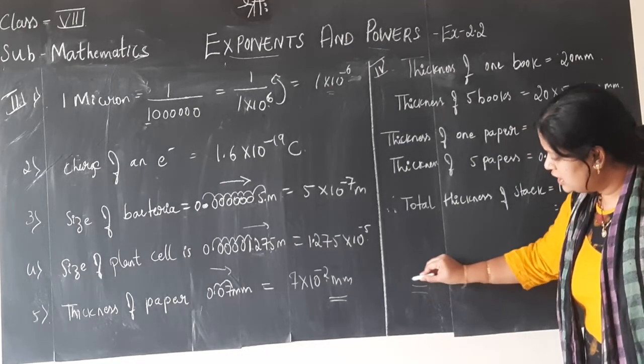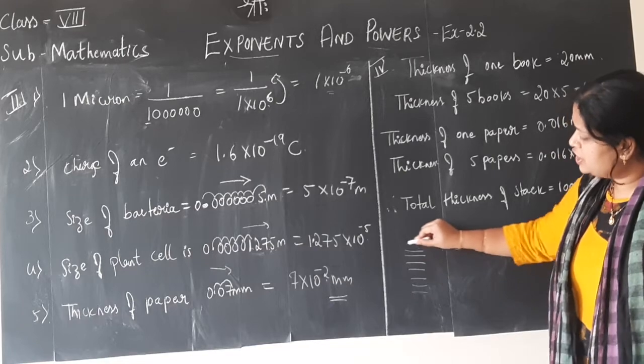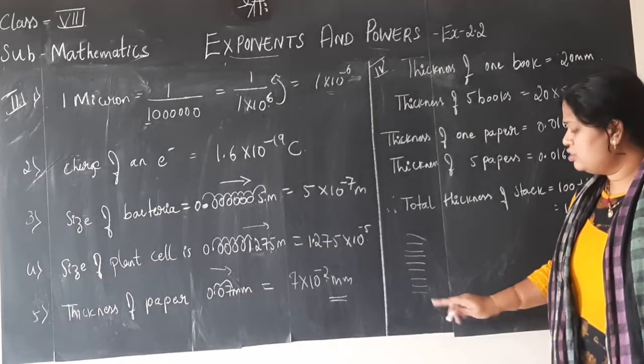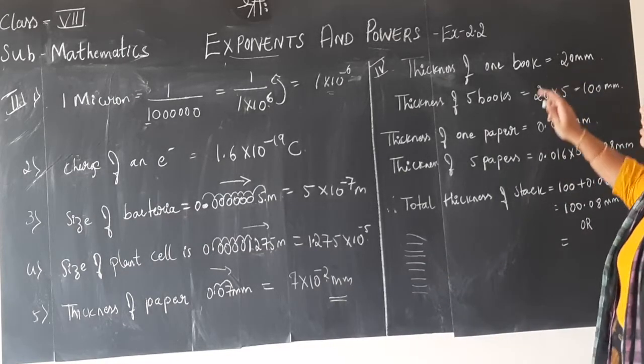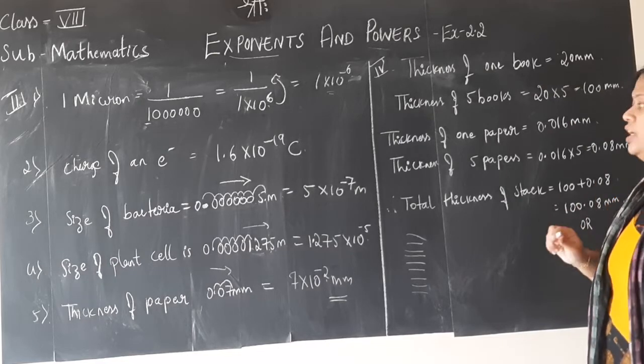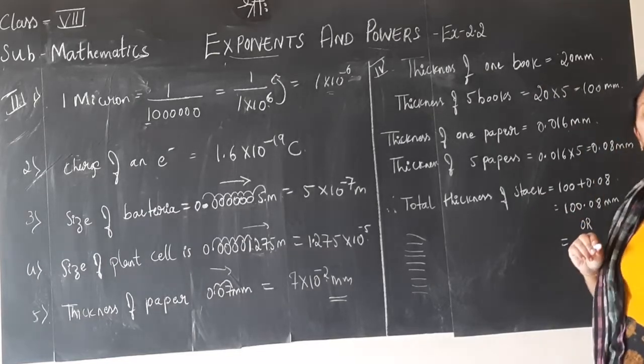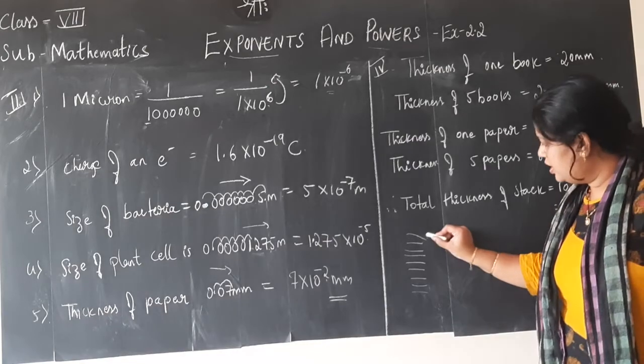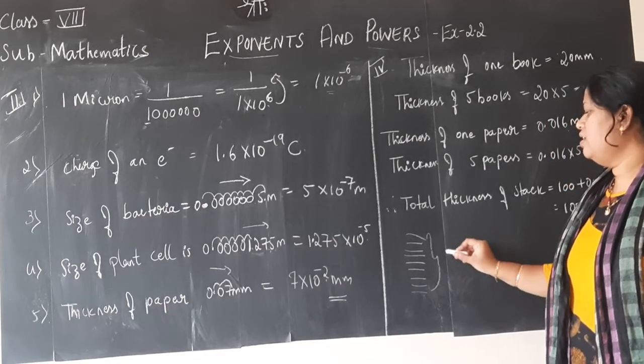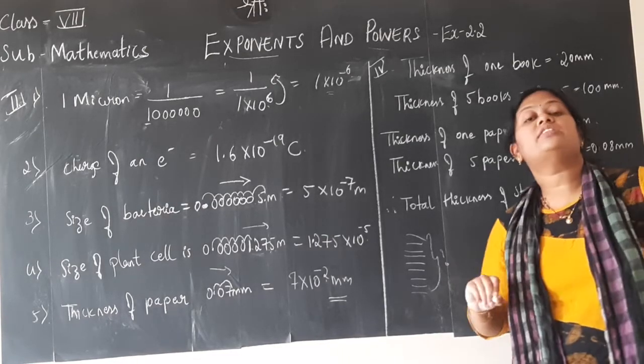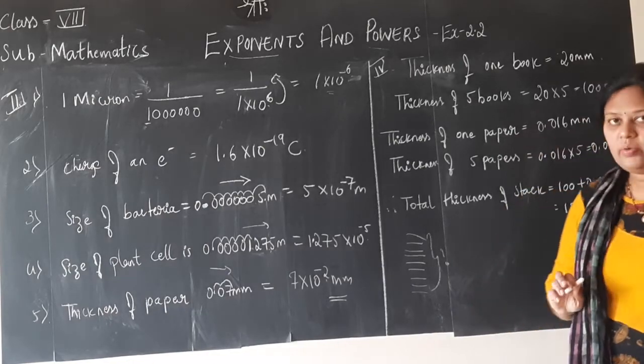So 5 books are there, followed by 5 sheets of paper. When stacked together, what is the total thickness we need to find out. Hope you have understood the question.